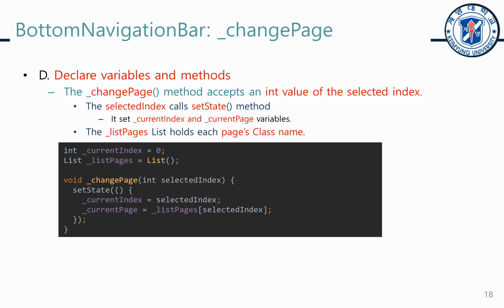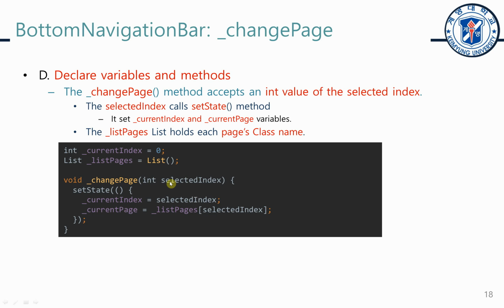So here we have our explanation. We have to declare the variables and the methods. In the change page, what we do is we get the selected index into the current index. The selected index is received from the tab, and then based on the selected index we get the current page.